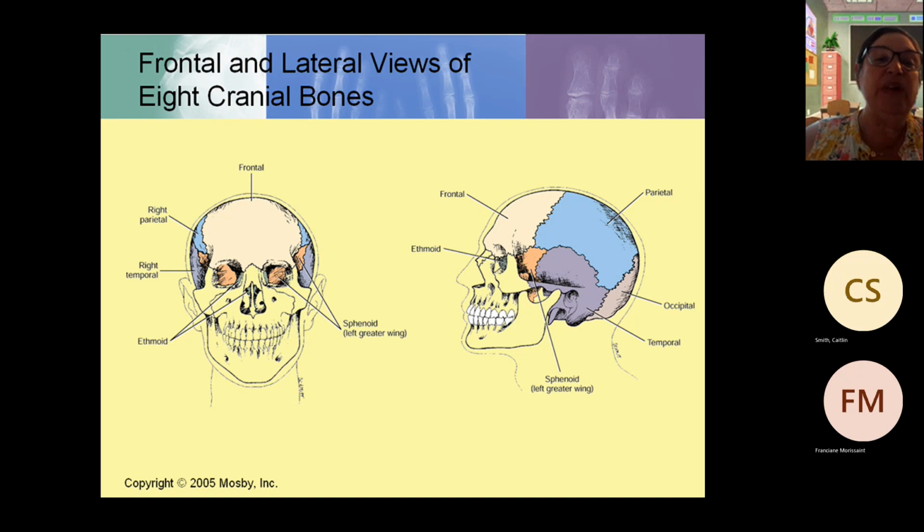So we can see that the temporal bone is here and the sphenoid is in here, frontal, parietal, and occipital bone. So as I repeat, the lateral skull is the only projection that you will see either all the sinuses, all the facial bones, or all the skull bones in themselves.